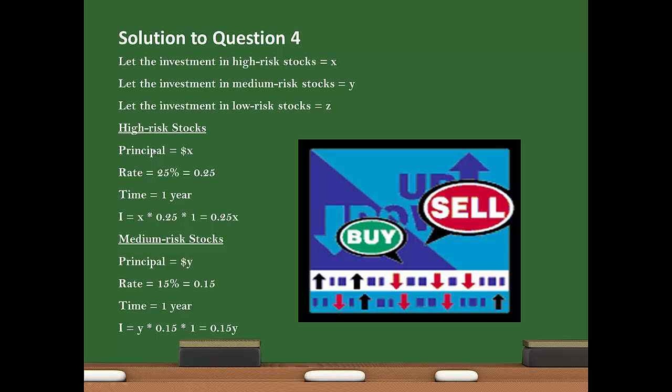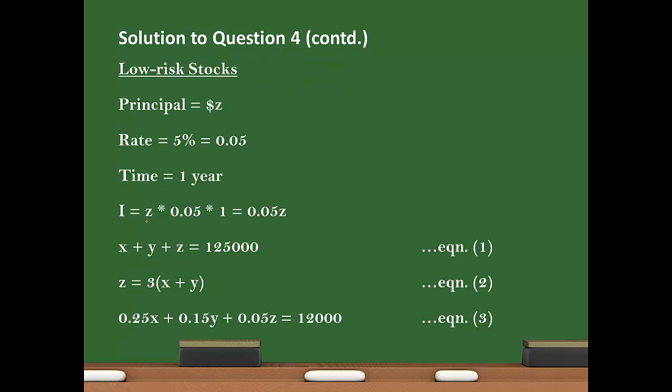So we find the interest on the high risk stocks, we find the interest on the medium risk stocks, and we find the interest on the low risk stocks.